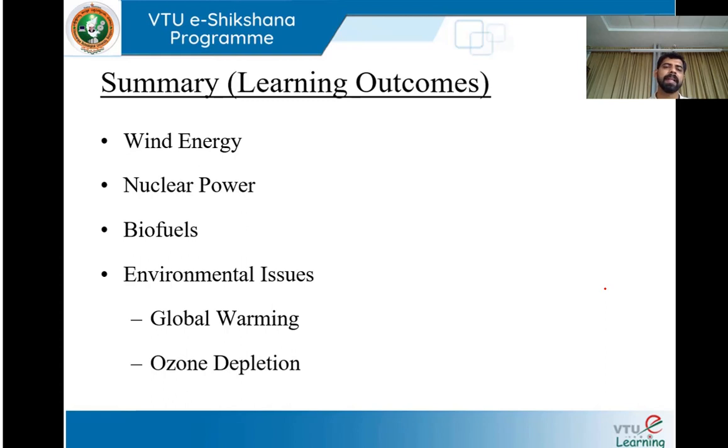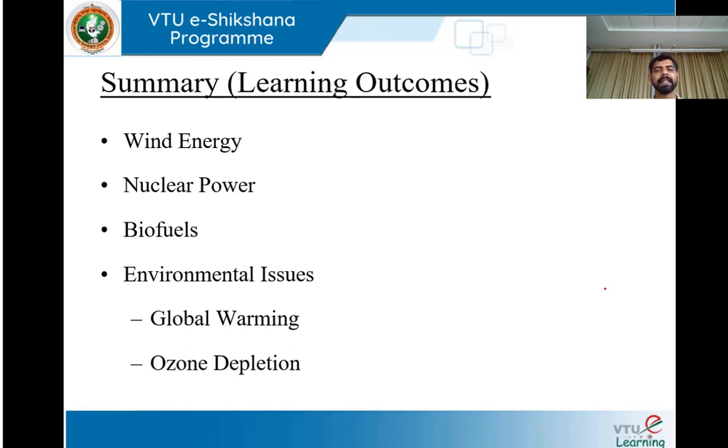In this particular lesson, we learned about wind energy and its conversion, nuclear energy and its conversion by the use of a nuclear power plant, and the alternative fuels for fossil fuel, namely the biofuels like bioethanol, biomethanol, biobutanol, or in general bioalcohols, biodiesel, and solid biofuels also. Apart from that, we addressed the two environmental issues, global warming and ozone depletion.